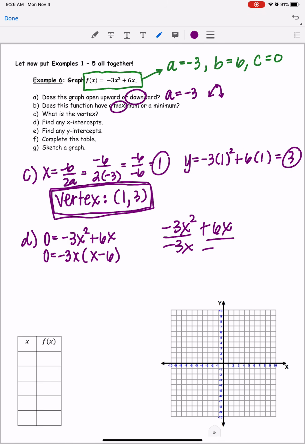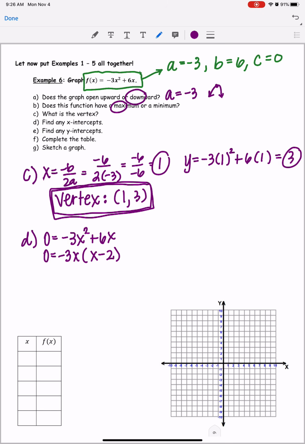Okay, so I actually made a little bit of a mistake. So I'm glad I did that, because this would be a -2. Okay, and this is really easy to check. Is negative 3x times x negative 3x squared? Yes, it is. Negative 3x times negative 2? Yes, that's a positive 6.